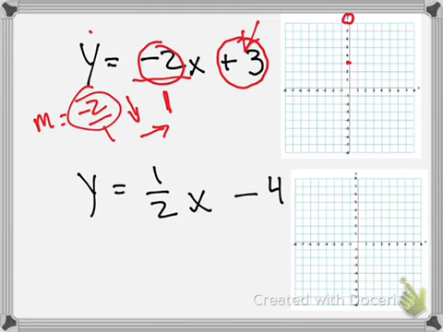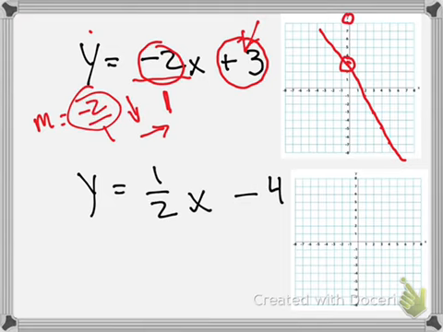Down 2, to the right 1. Down 2, to the right 1, and so on. And that is going to make, this is going to be hard to draw a line. Ooh, there we are. That is my line. It crosses the y-axis at 3, and it has a slope of negative 2 over 1.